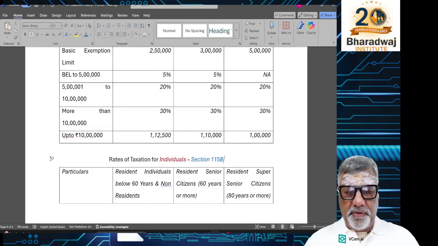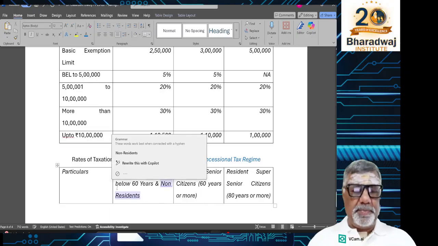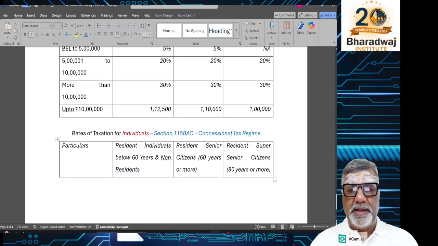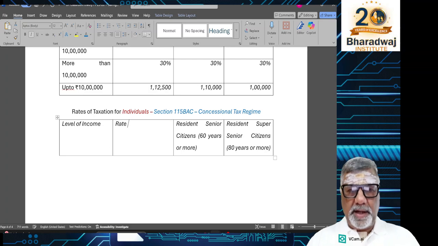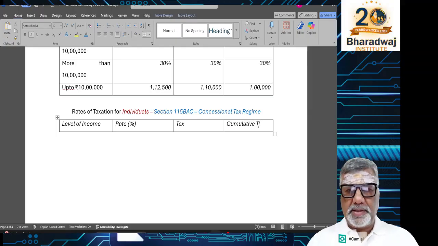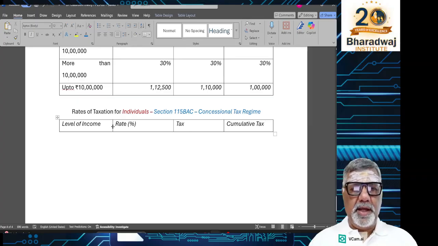Section 115BAC, concessional tax regime. As I told you, it is part of income tax law. Here I will tell you the level of income, rate of tax as a percentage, the tax component of it, and the cumulative tax.